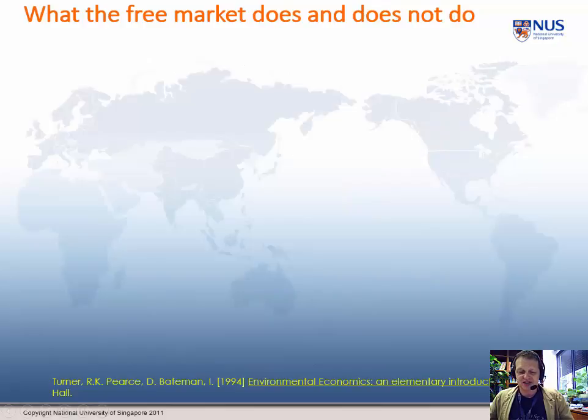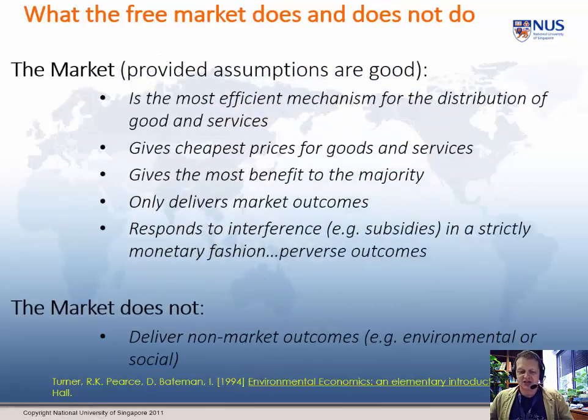Okay, so what does the free market do and what does it not do? Providing the assumptions are met, it's the most efficient mechanism for the distribution of goods and services. It gives the cheapest prices for goods and services. It gives the most benefit to the majority, but it only delivers market outcomes.